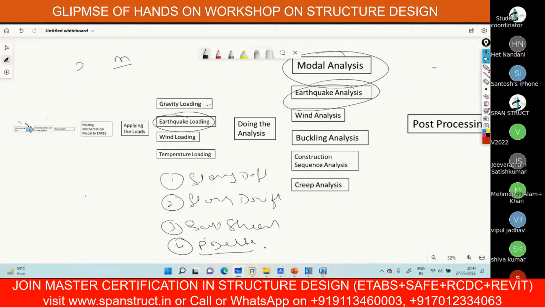So a lot of important information about the structures you will get when you do the earthquake analysis, like base shear. How much percentage of the base shear are you getting? You may keep it at a maximum of 10% of the weight of the structure.